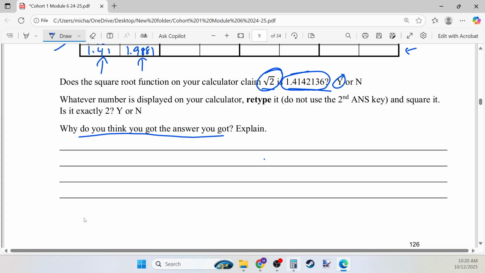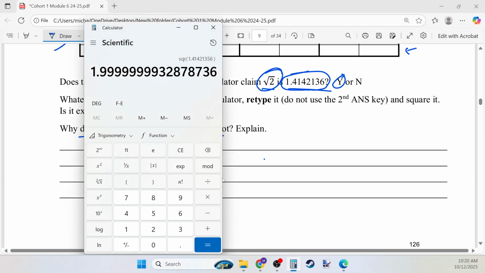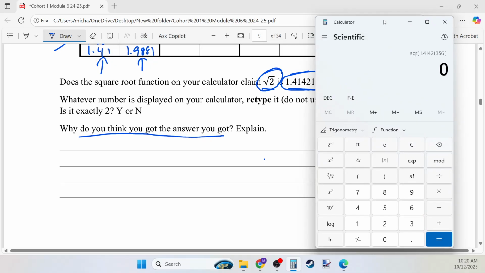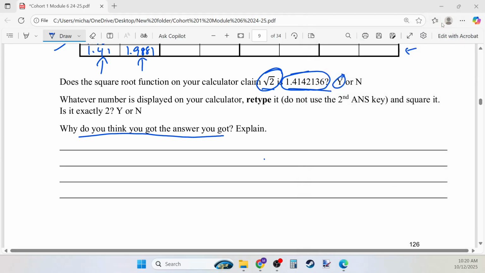Because the calculator is giving me an approximation, and when I type that approximation into the calculator to square it and get back 2, I am not squaring the exact square root of 2. I'm squaring an approximation that is close to the square root of 2. When I square that, I don't get 2 back. I get a number that's close to 2. So it's called error propagation. It happens when you round.